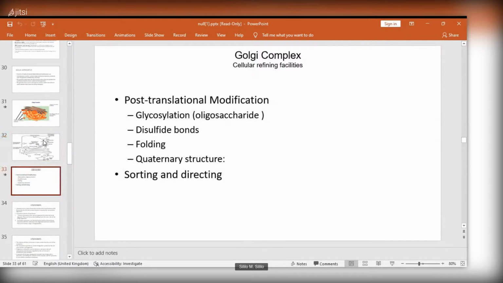In terms of function, apart from transportation, as these proteins are being transported, the Golgi apparatus is believed to be important for post-translational modification. You have your proteins that have been produced, but they can be modified. How?